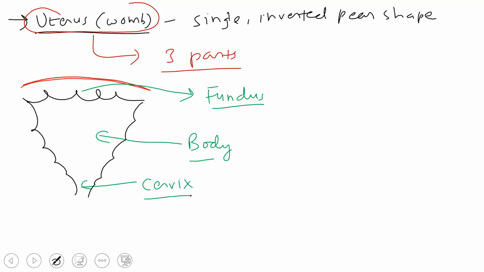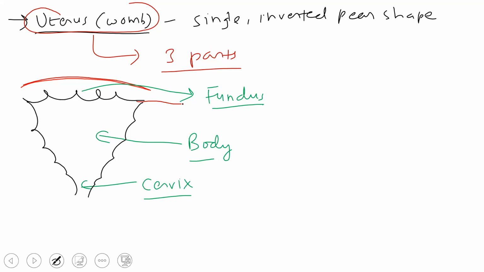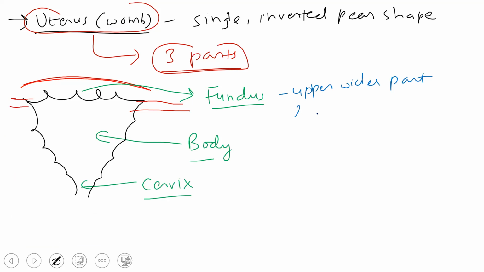The fallopian tubes will be in contact with this part, on both sides. The fundus is called the upper wider part, which receives the fallopian tubes.